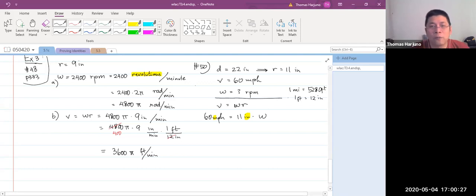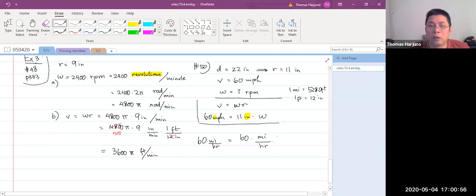Okay, now let's convert that 60 miles per hour into inches per minute first. We will come back to this formula later on. 60 miles per hour equals 60 times, I need to cancel the mile, I need to cancel the hour also.